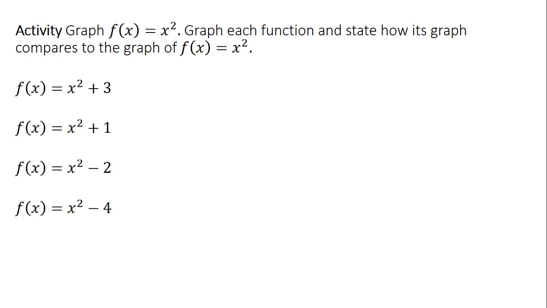So to summarize what we just saw in Desmos, the graph of y equals x squared plus 3 is the graph of y equals x squared shifted up 3 units. Y equals x squared plus 1 is the graph of y equals x squared shifted up 1 unit.